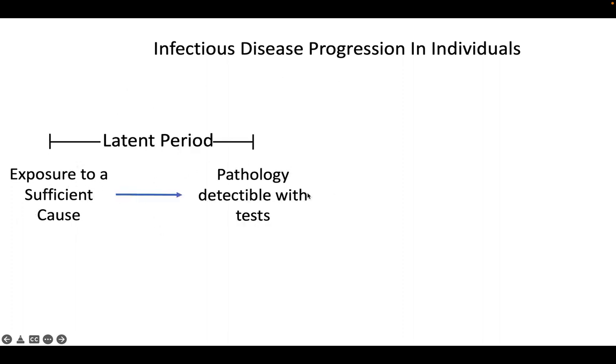So as far as mapping the stages of disease in an infectious setting, we have being exposed to a sufficient cause, so someone coughing on you enough. Then you have the pathology being detectable after this organism, like someone coughed on you, and now you have some sufficient amount that your immune system can't fight it, so they're multiplying out of control.